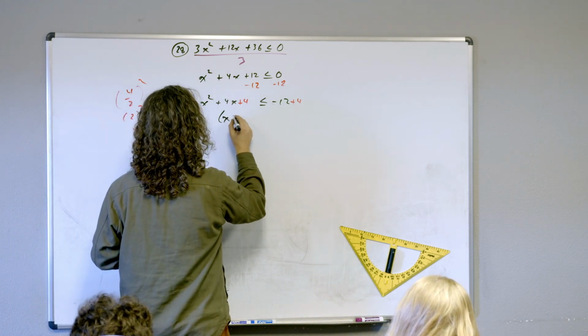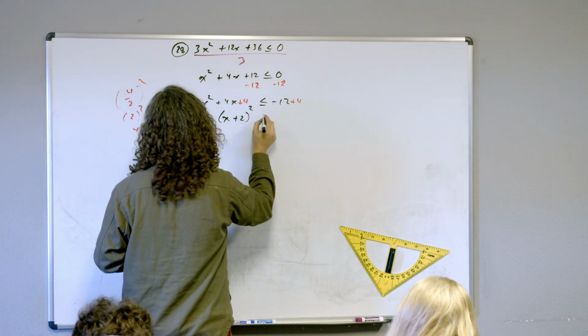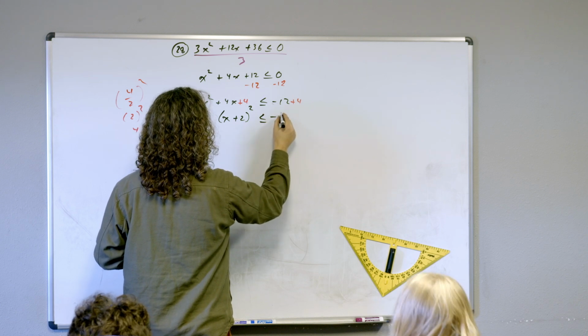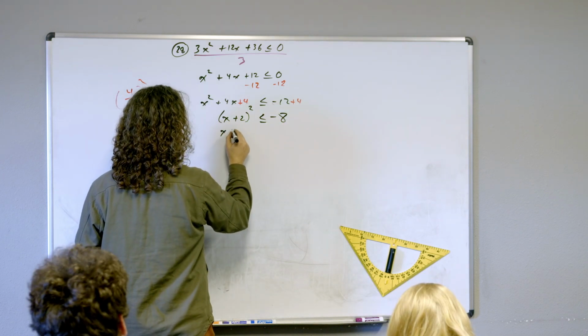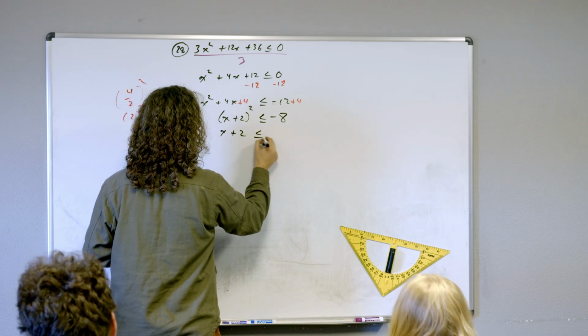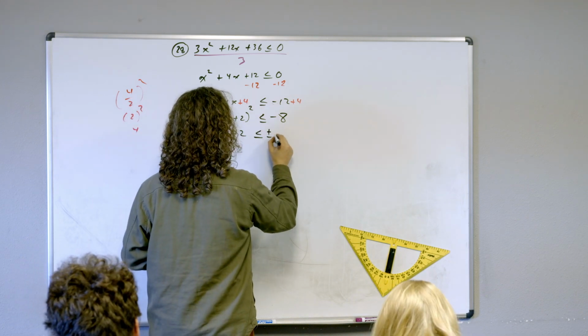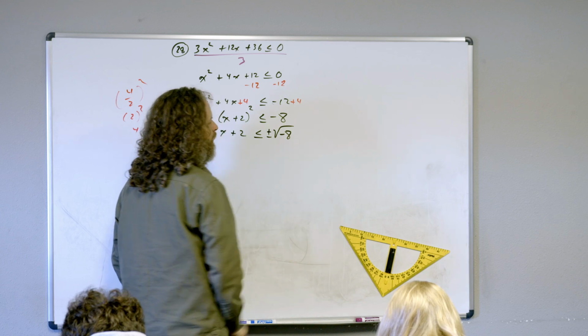So we end up with x plus 2 squared is less than or equal to negative 8. Square root both sides, we end up with x plus 2 is less than or equal to plus or minus the square root of negative 8. Oh no!